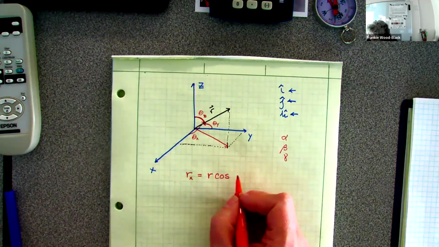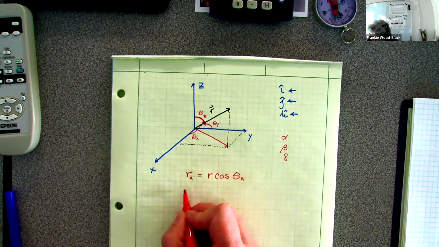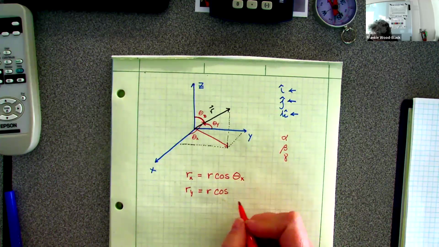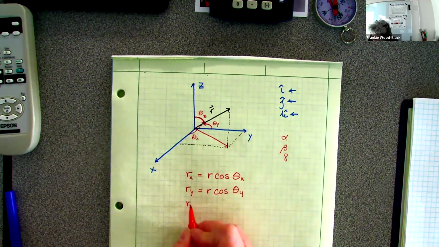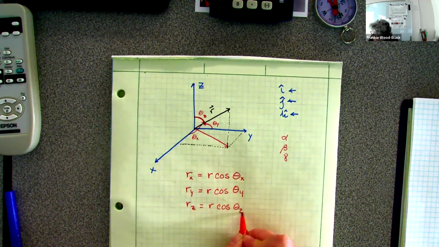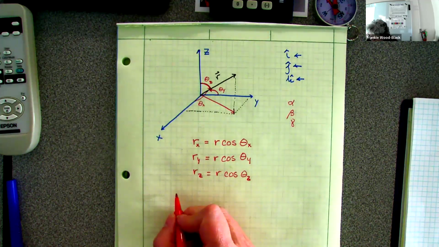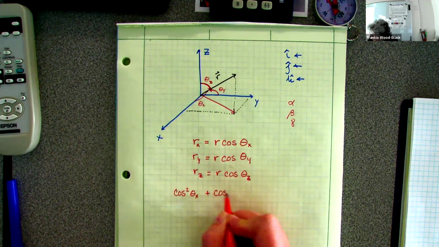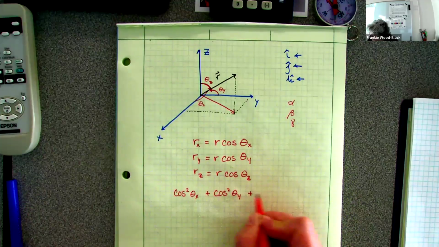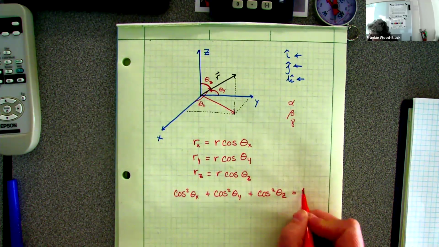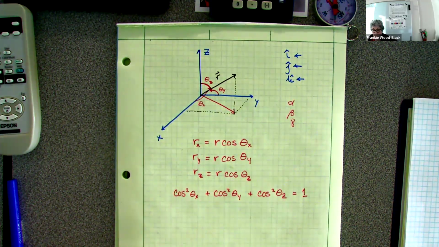You'll get your R cosine of the vector in the Y direction, and your R cosine in the Z direction. And just as a reminder, cosine squared X plus cosine squared Y plus cosine squared Z is going to equal 1, because you're going to see those in other items.